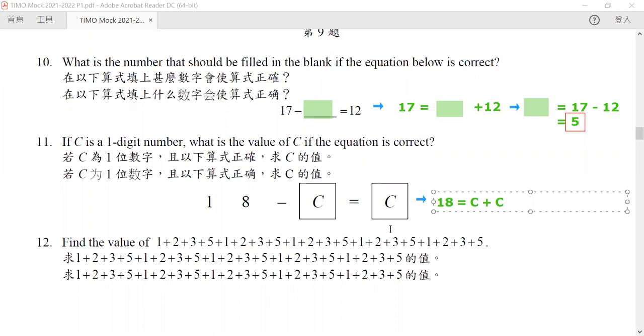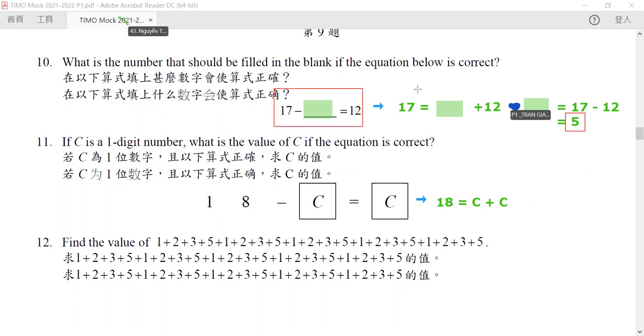Now, just like this, in here we know that our 17 minus our blue number is equal to 12, and hence our 17 is equal to our blue number plus 12.